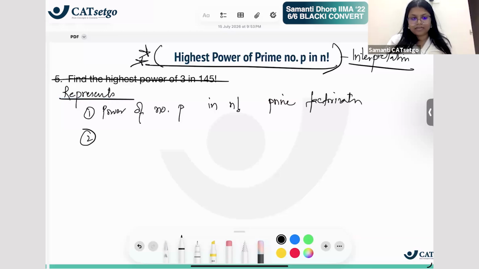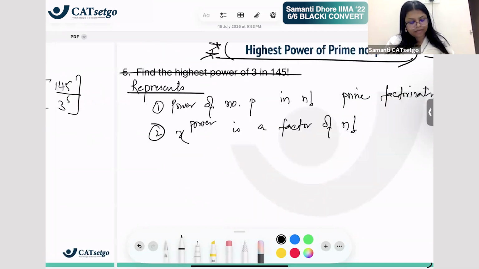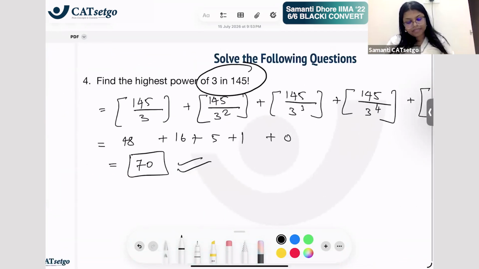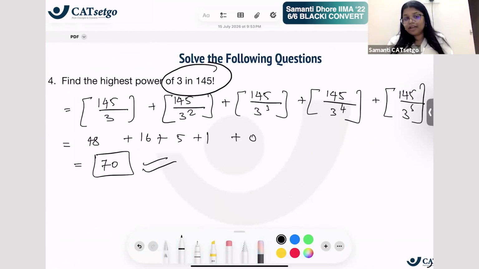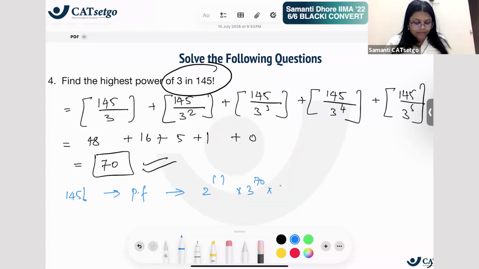So this also means x raised to that power is a factor of n factorial. Like for example here, if I'm saying the highest power of 3 in 145 factorial is 3 raised to 70, it means if I take 145 factorial and prime factorize it, I'm going to get 2 raised to something into 3 raised to 70 into 5 raised to something into whatever. This is how I'm going to get it.